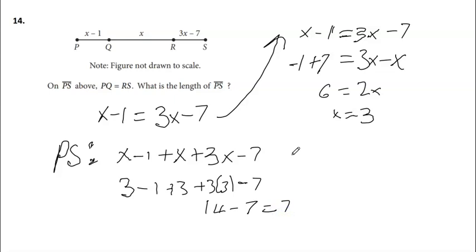Right? So our answer is 7. Remember, this is what we were trying to arrive at, right? So remember, the answer here is not x. The x we calculated over here. This value here is now the whole length, right?